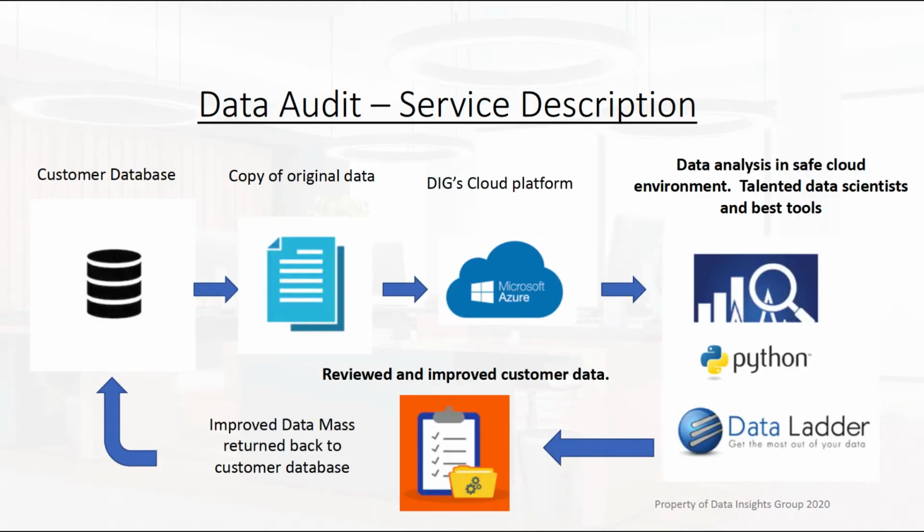In this slide, you can see the journey of the data from your database to our cloud and back. We always operate with the copy of the data. We never use the original data. Once we have the copy of the original data, that data is brought into our cloud.